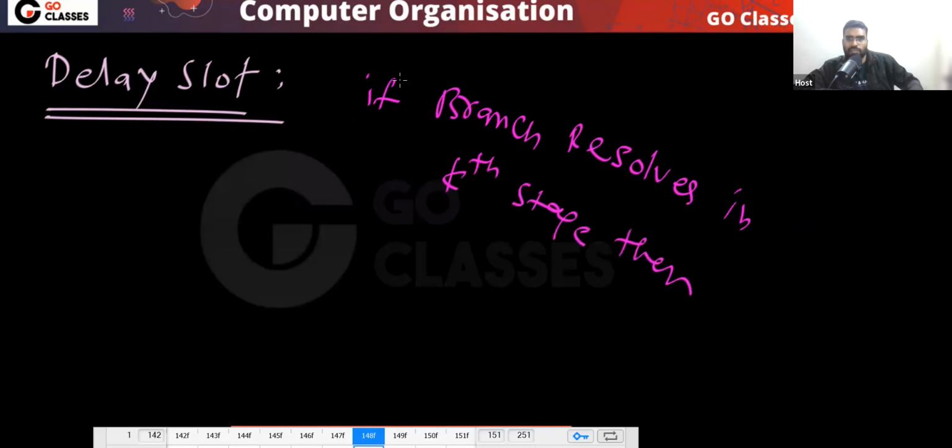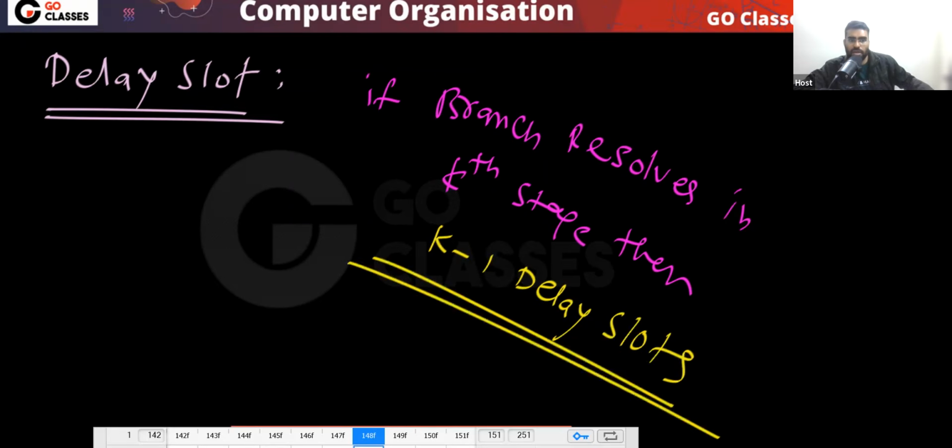Then there will be k-1 delay slots. Very good. So if the branch is resolving in the kth stage, then there will be k-1 delay slots.